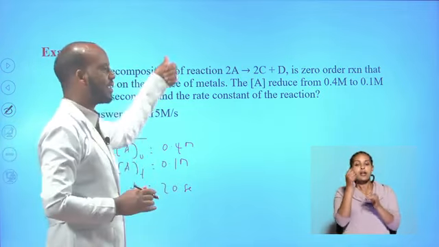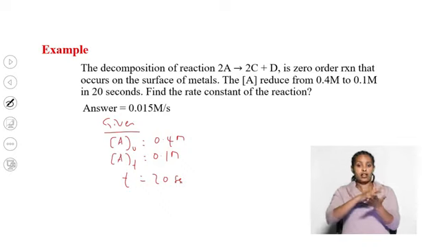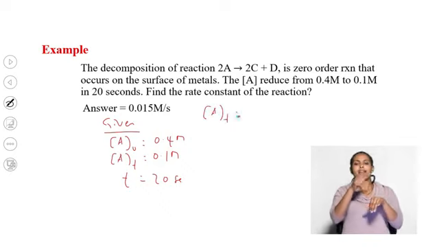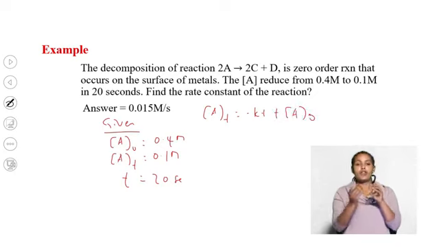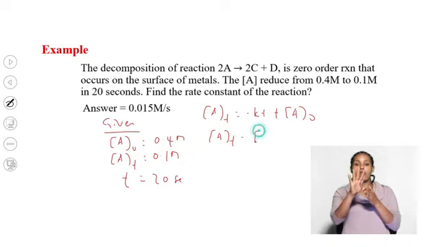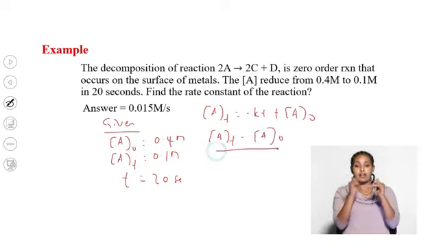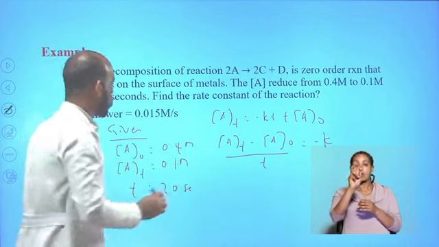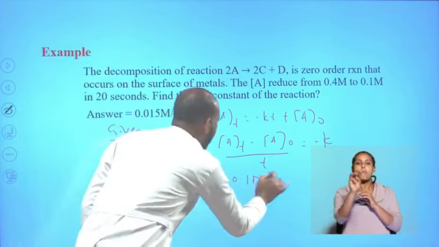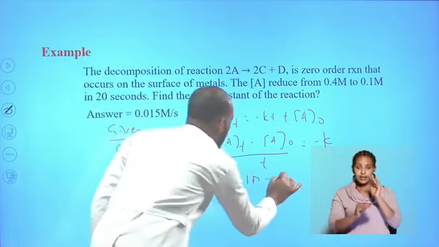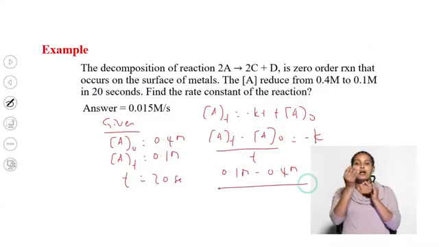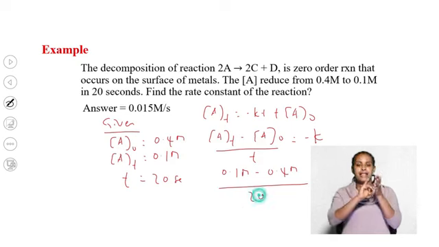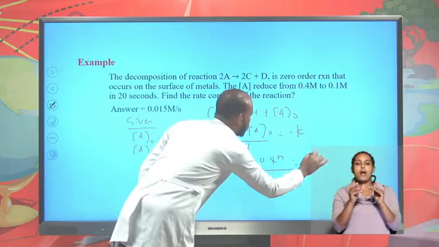For a zero order reaction, the integrated rate equation is: concentration of A at any time t equals minus kt plus initial concentration A naught. From this, concentration of A at time t minus initial concentration, divided by t, equals minus k. Concentration of A at t of 20 seconds is 0.1 molar, minus initial concentration 0.4 molar, divided by t of 20 seconds, equals minus k.